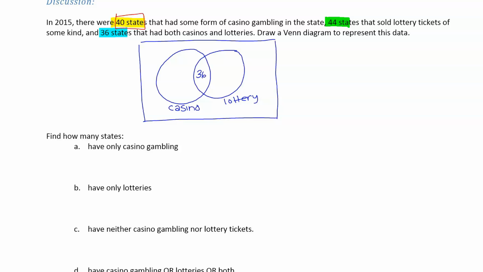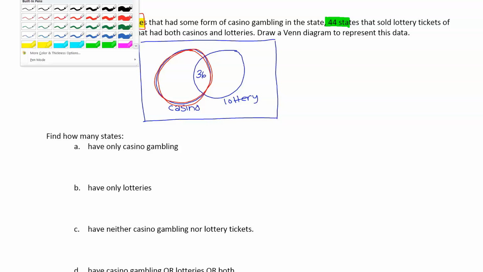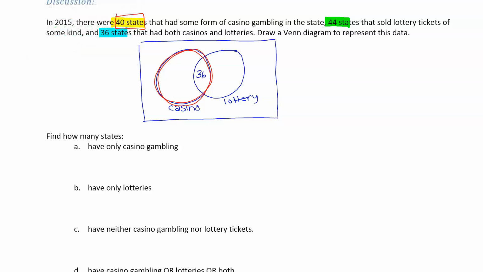So the 40 represents this entire circle on the left. Everything in this circle should total up to 40. So we've already accounted for 36 of those elements, those states in the middle. So we just need to figure out what's left over. So 40 minus 36, that will be 4 states.